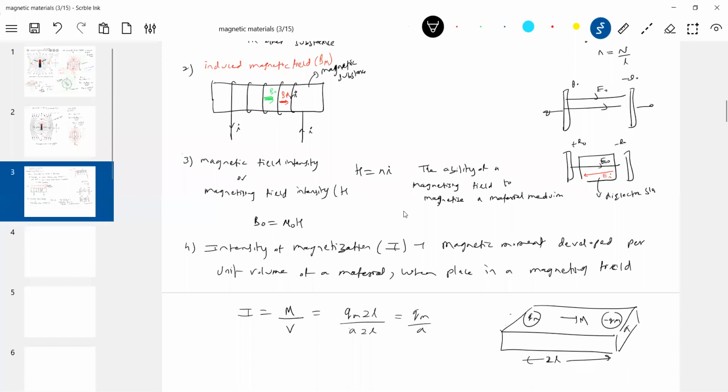Now, what is that induced magnetic field? I'll bring it into the picture, the induced magnetic field Bm. Can you remember? Now I can relate it with this one. Because the substance got magnetized, we can write it as mu naught into intensity of magnetization.